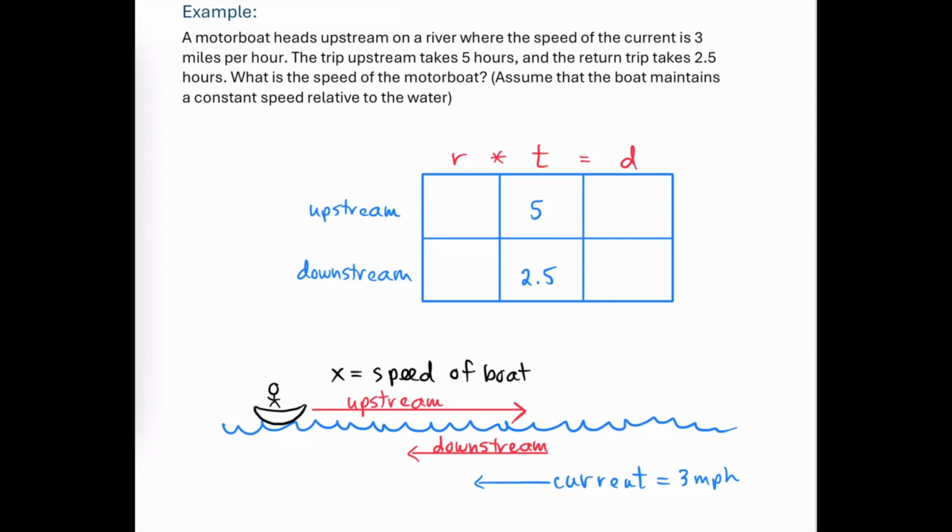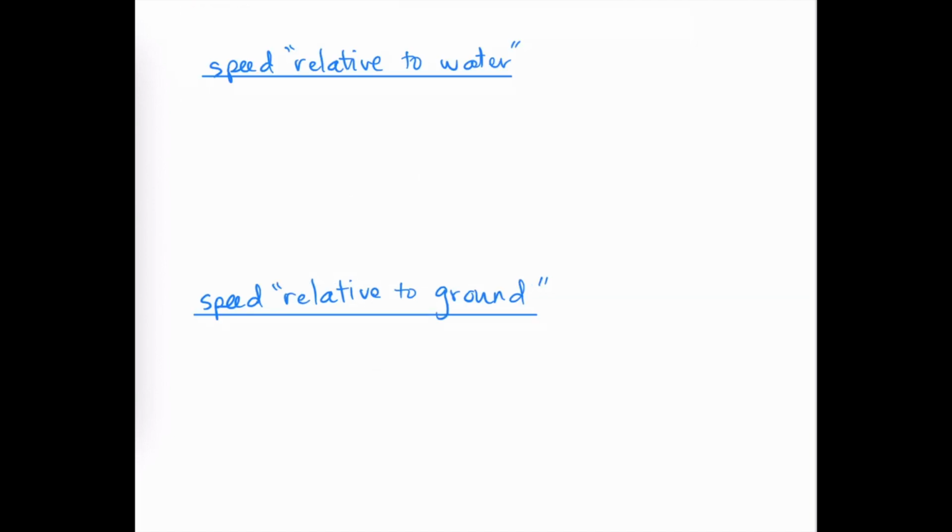Before we go any farther, let's discuss what it means to maintain a speed relative to the water. Two common phrases that you'll see in uniform motion problems are speed relative to the water and speed relative to the ground. Speed relative to the water is basically referring to the speed of the boat if there were no current pushing the boat one way or the other.